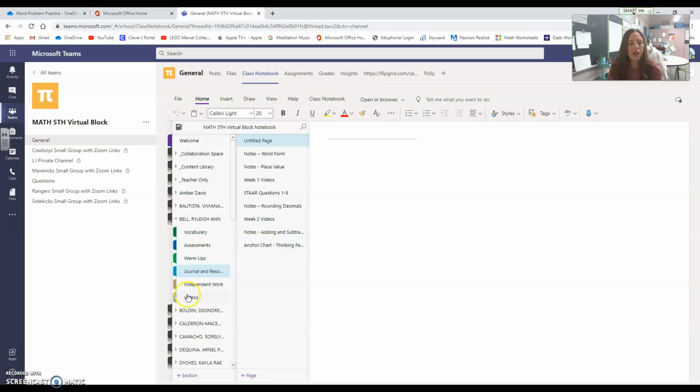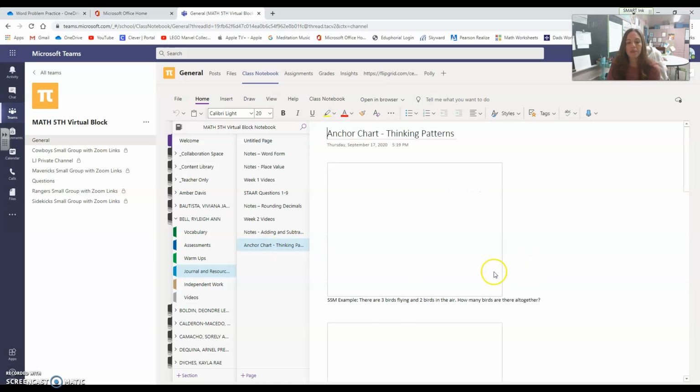Actually, no, I forgot. This is where I put notes, anchor charts, and usually vocabulary. Oh, you have your own vocabulary tab. It is early. Okay, let's click on anchor chart thinking patterns.